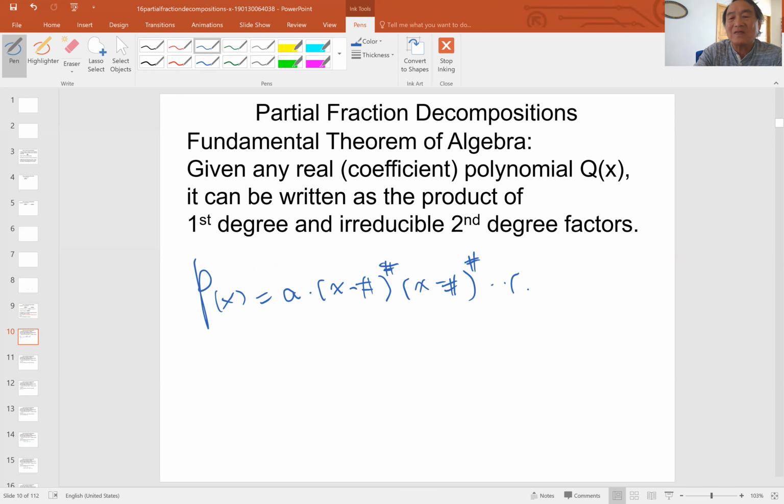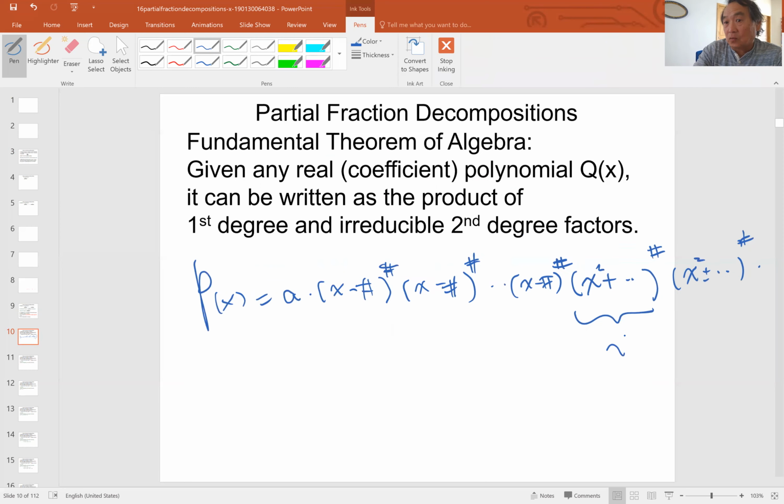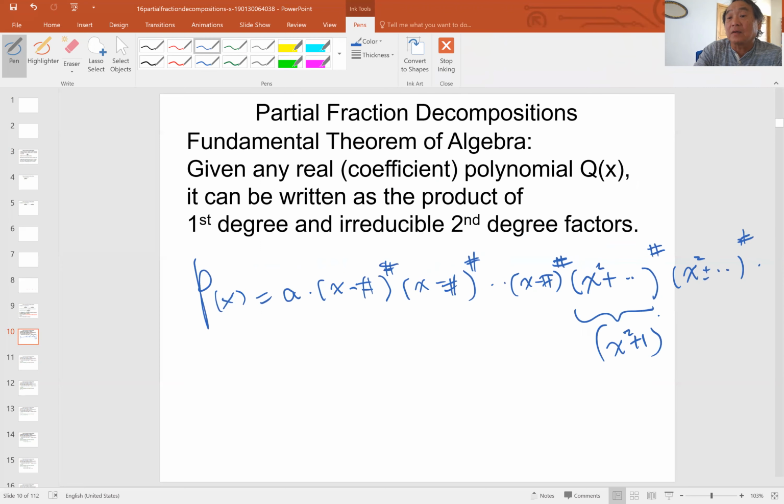So we got a bunch of these types, x minus something to a power. Then it comes in second degree, x squared plus something, to a power, another second degree maybe plus or minus this form. Things like that will be like x squared plus 1. You cannot factor any further. So in other words, any real polynomial coefficient can be factored into this format.